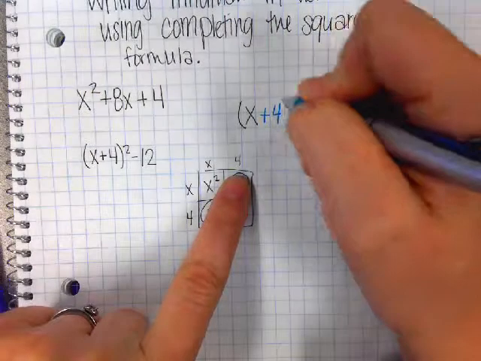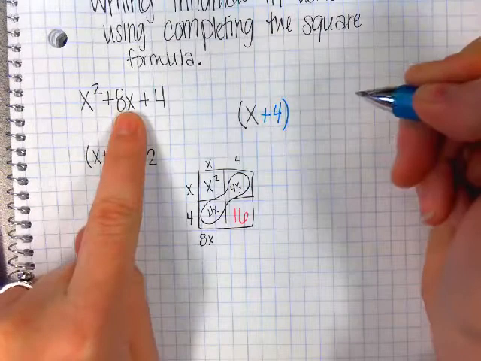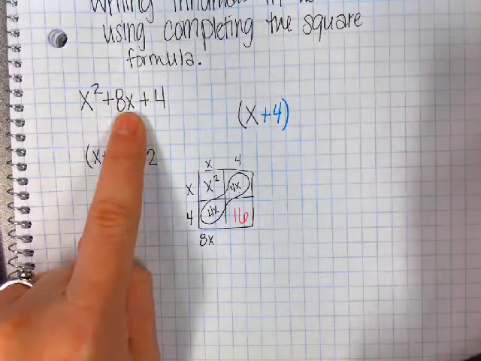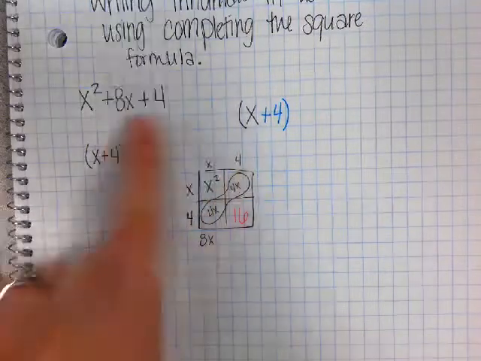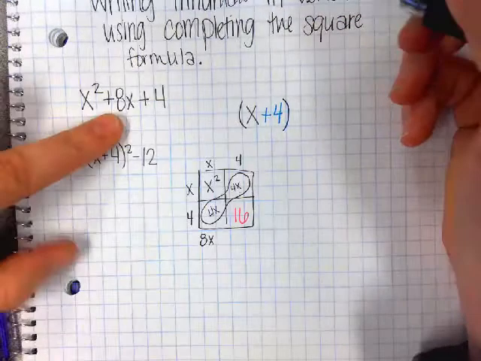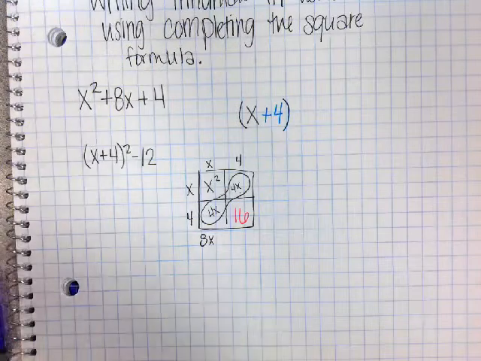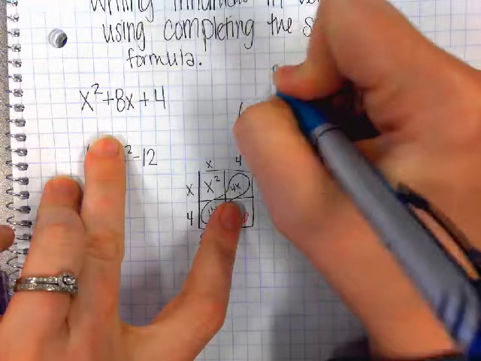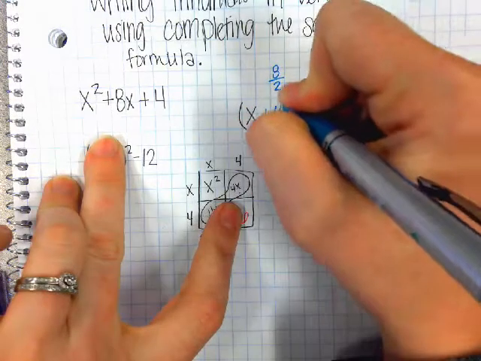x plus 4. Now, where does that 4 come from in relation to this 8? If we're just trying to write the formula, how would I get that 4? 8 divided by 2. So this 4 right here comes from the 8 divided by 2.